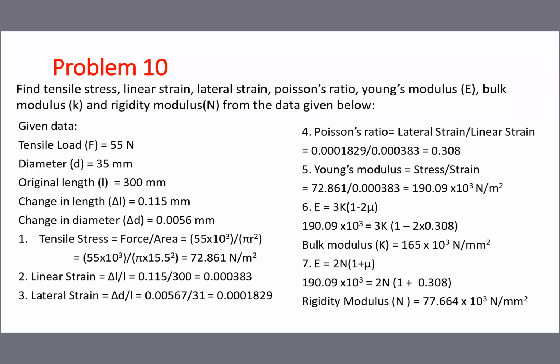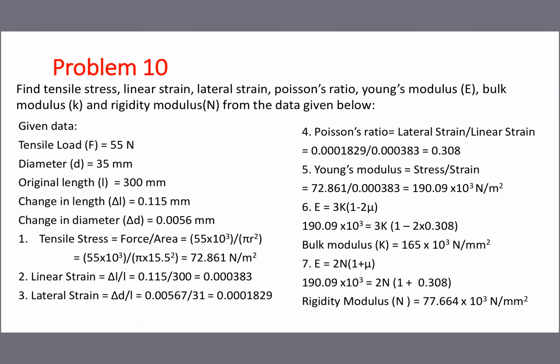Similarly, problem number 7. If you want to find the rigidity modulus, capital N, you apply the relation formula: E is equal to 2n into 1 plus Poisson's ratio. Substitute the value. E is 190.09 into 10 power 3, equal to 2n into 1 plus 0.308.